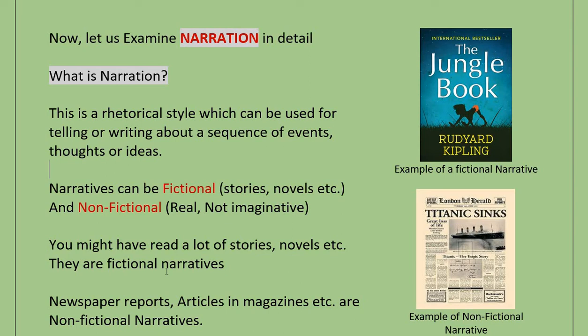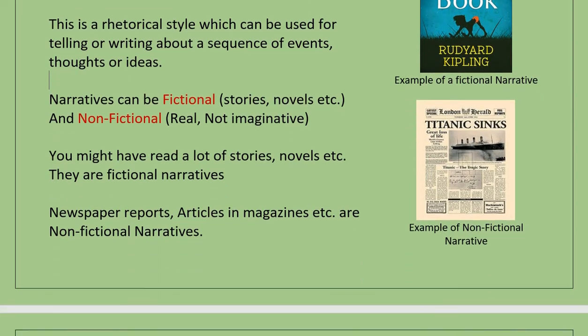Newspaper reports, articles in magazines, etc. are non-fictional narratives. You can see here an example of a fictional narrative, Jungle Book by Rudyard Kipling. It is an imaginative work. Then here is a newspaper cutting. This is based on real facts, so it is a non-fictional narrative.